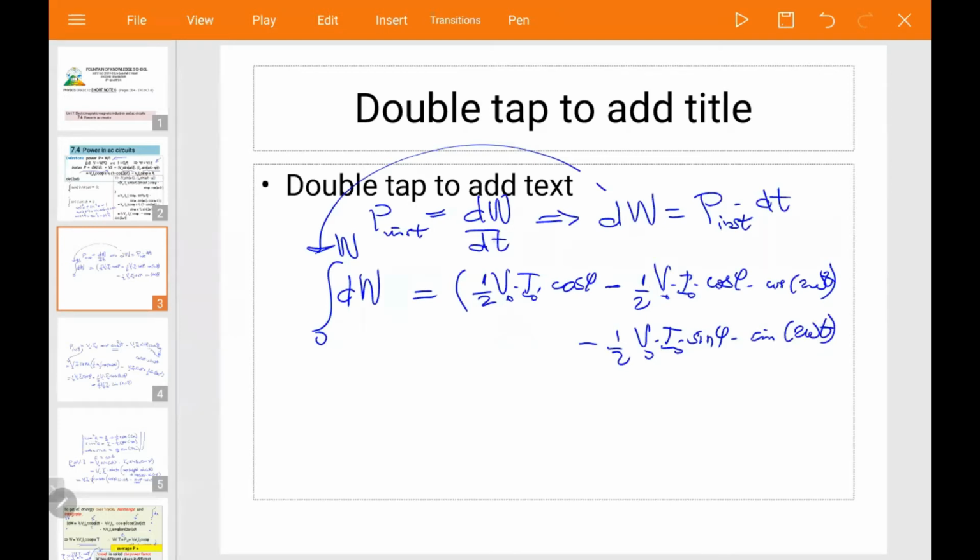Remember, we have dW over dt, so I have to take dt to this side. So we write down times dt.